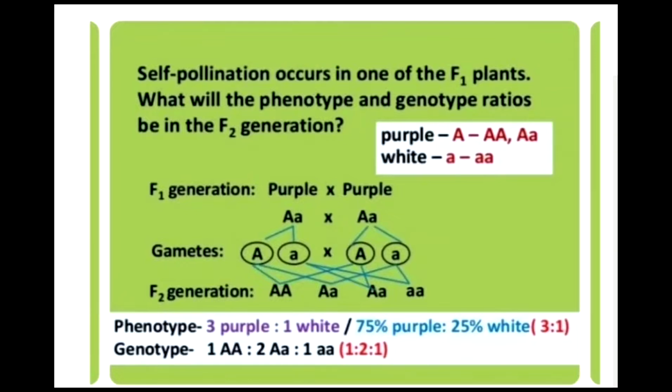The phenotype is 3 purple to 1 white, or 75% purple to 25% white. The ratio is 3:1 and the genotype is 1 big A big A to 2 big A small a to 1 small a small a.